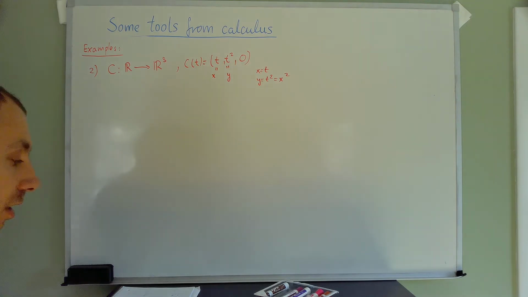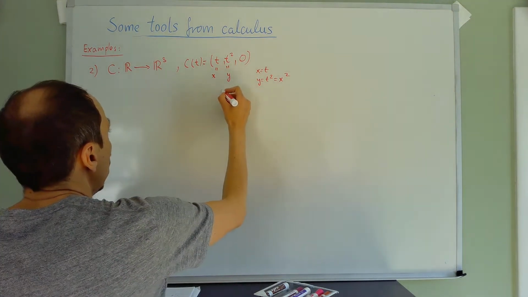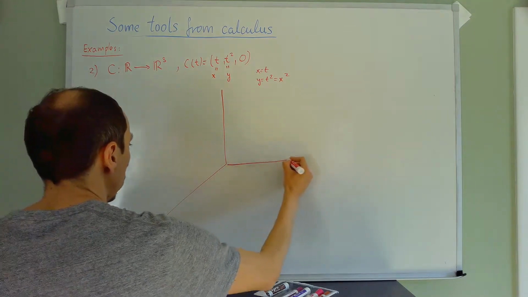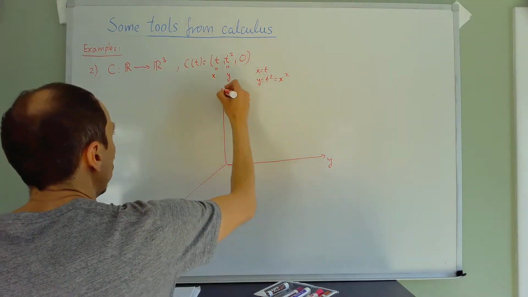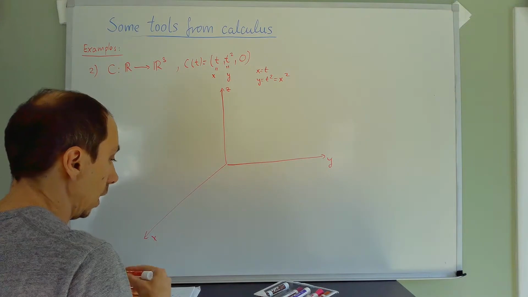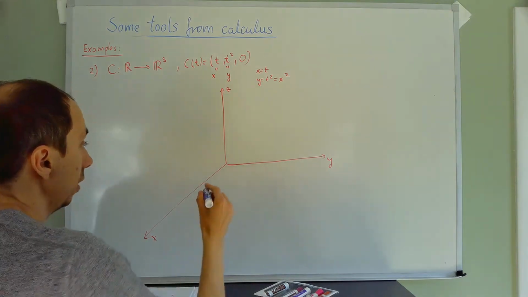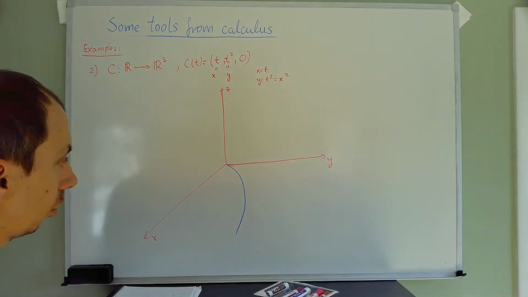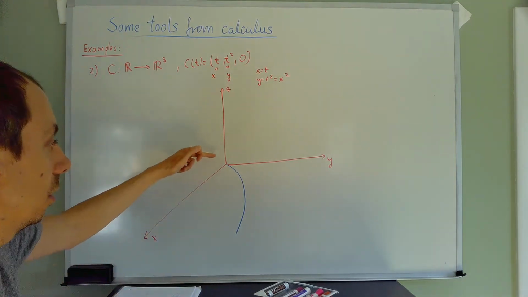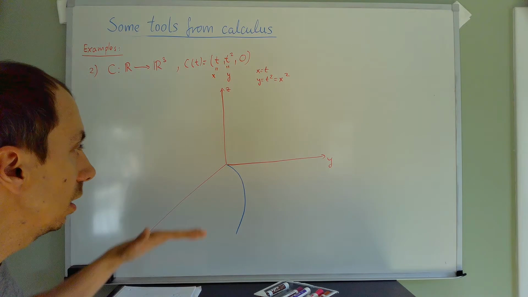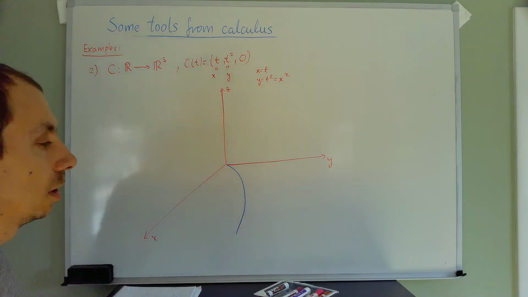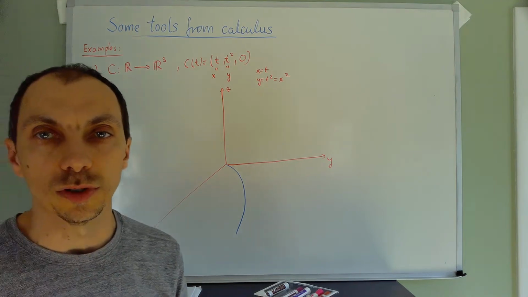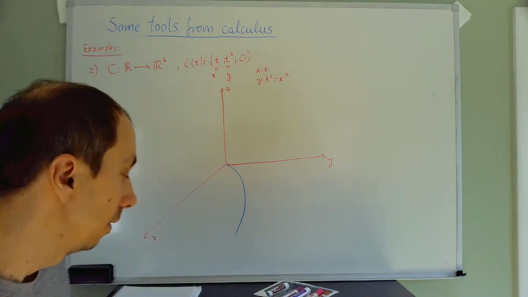So we actually get a parabola. It's a parabola that's contained entirely in the xy plane. I'm only drawing half of it. The other half is here on the other side. The parabola does not go anywhere into the z direction. It lies completely in the plane z equals 0, so it lies in the xy plane.